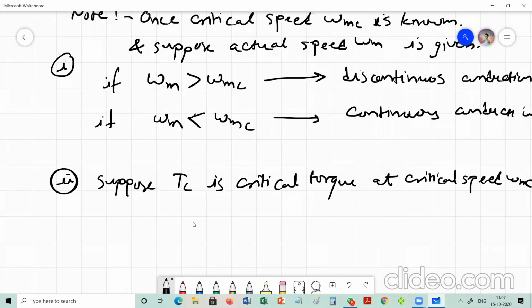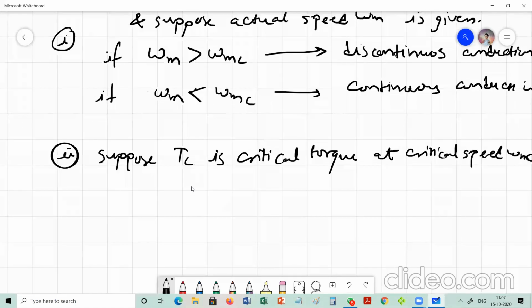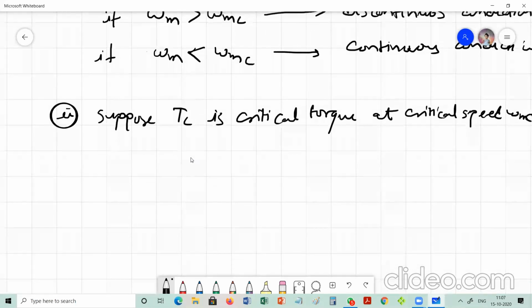When the machine is running at speed omega mc, the torque at that point, which we will find out or which is given, is known as critical torque TC. So if torque T is given.